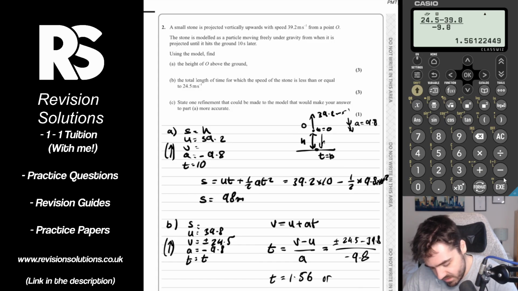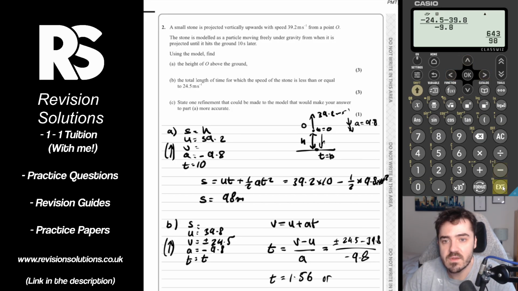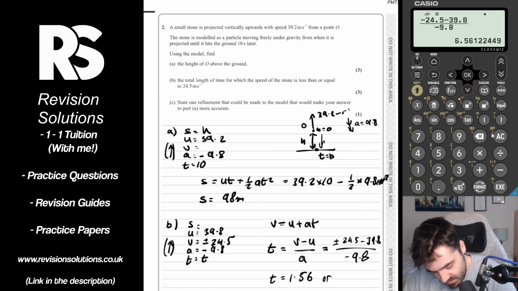And then the second one, if we think about the negative value, which is when it would be coming back down, if you think about it. So make this 24.5 a minus now to get the other time. That gives us 6.56.